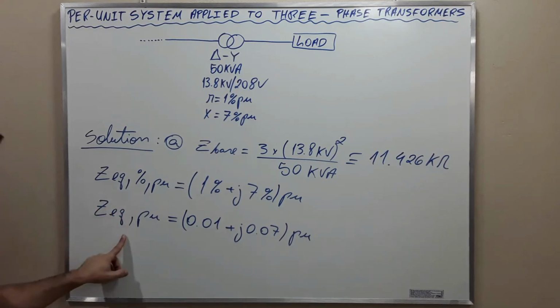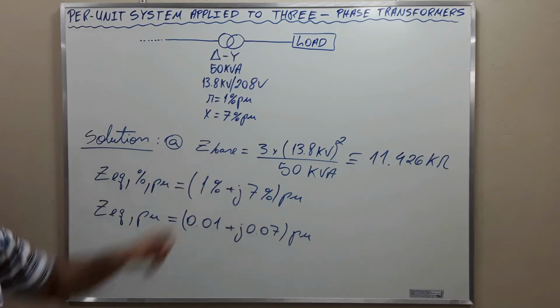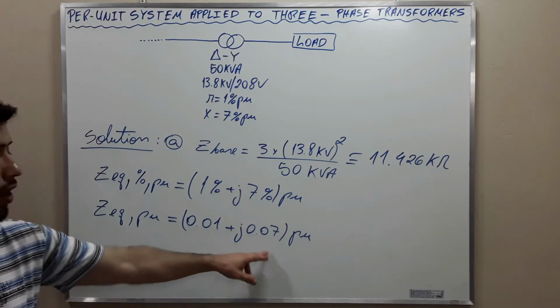We're going to use this value here and this value here to calculate the equivalent impedance, the series impedance in ohms, in its actual value, not in per unit.